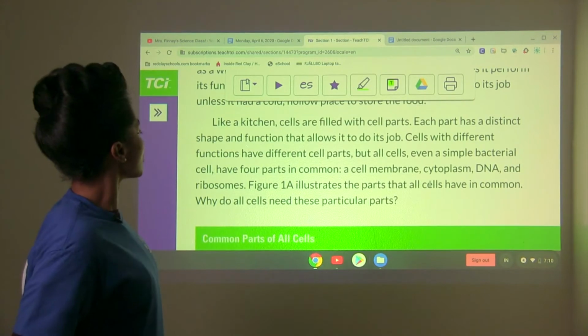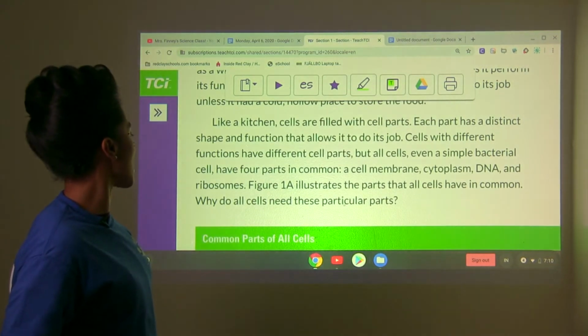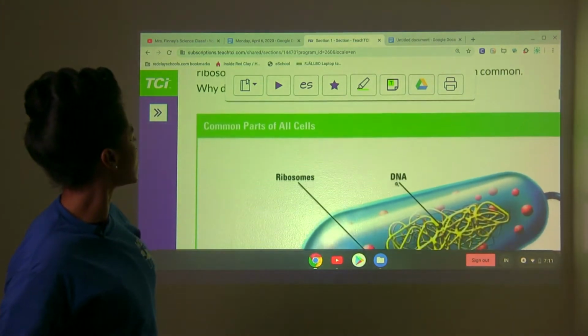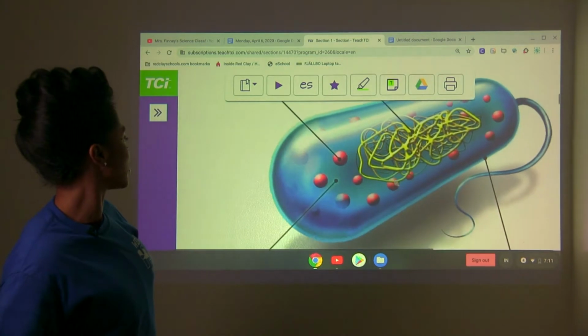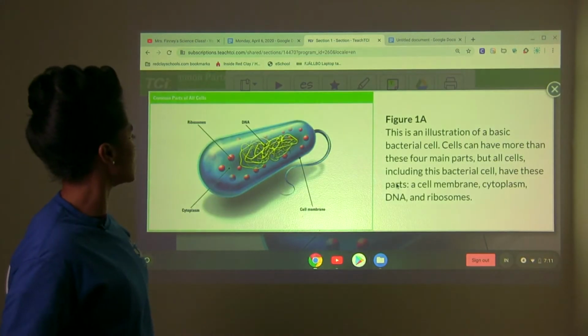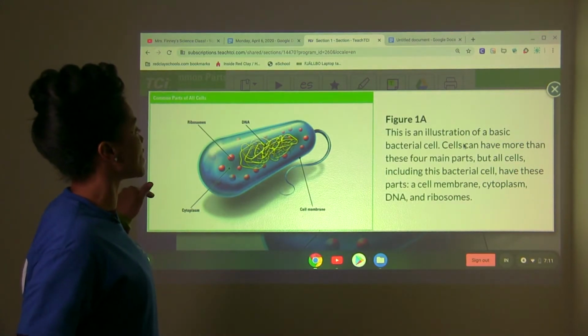All right. Figure 1A illustrates the parts that all cells have in common. Why do all cells need these particular parts? All right, that is our essential question. So I'm going to take a look here at this image. This is an illustration of a basic bacterial cell.